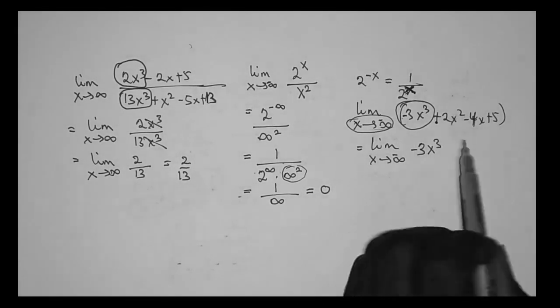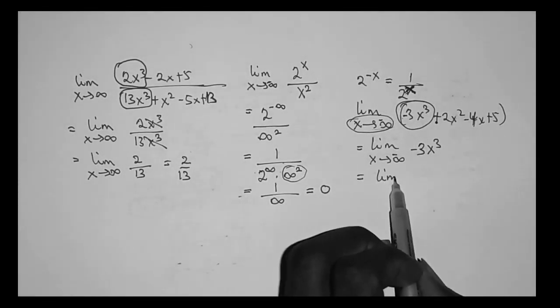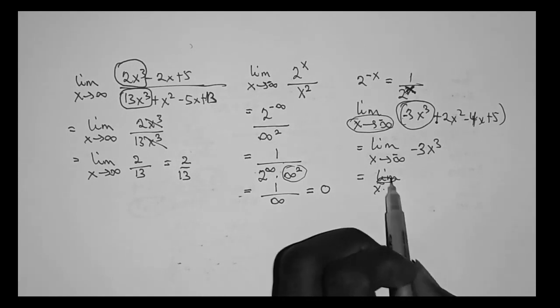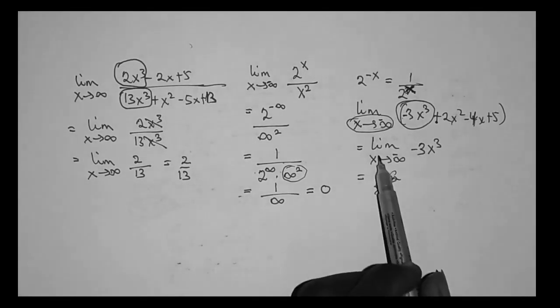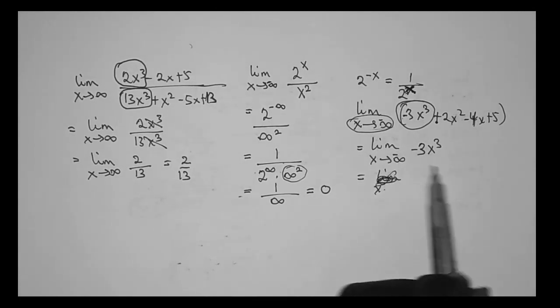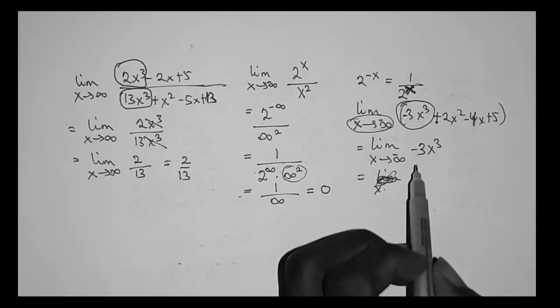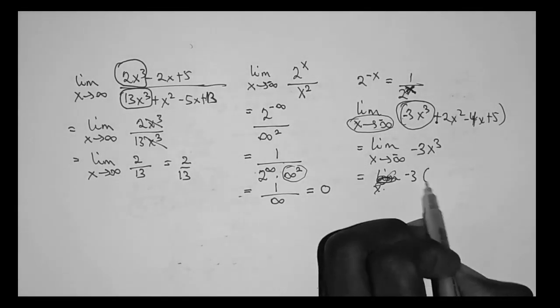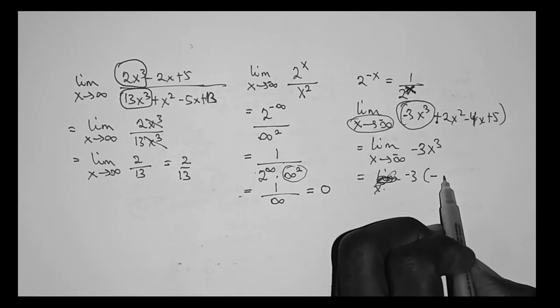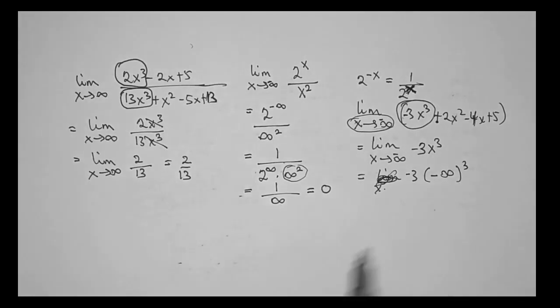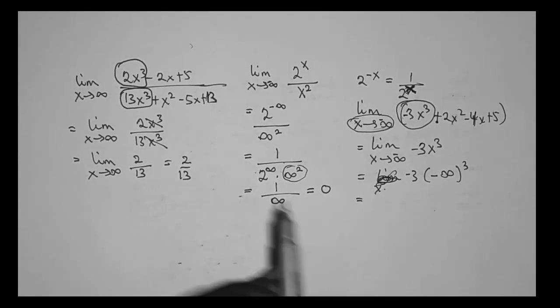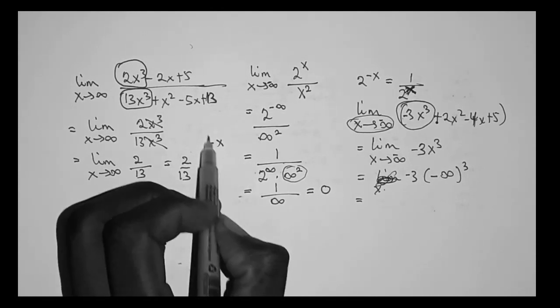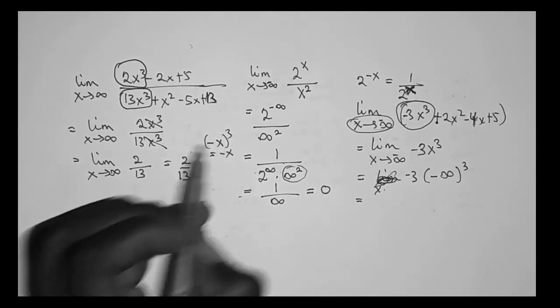So let's then substitute the limit. Anytime you are substituting the limit, you don't have to repeat the definition limit as x approaches our value. So this is equal to minus 3 times minus infinity cubed. So now, what is the answer? You see that a minus x cubed is equal to minus x.